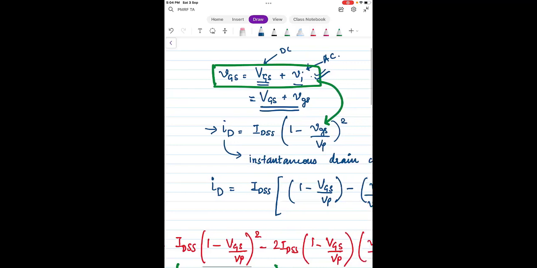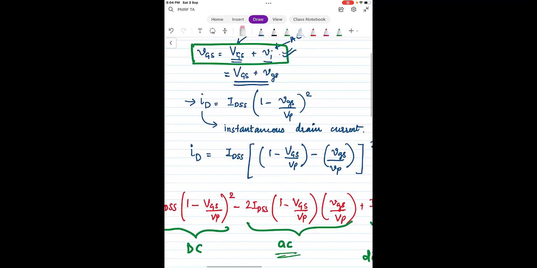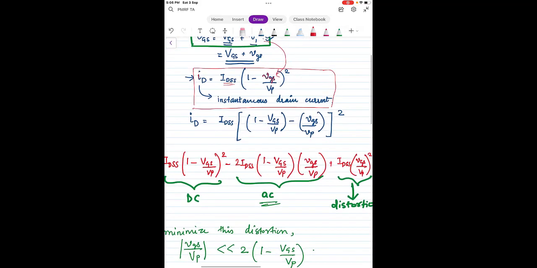So now after this, what we know is that the instantaneous drain current is given by this equation, right? Because I am saying instantaneous, this is small id and it depends on small vGS. And IDSS will not change, it is the drain current at 0 voltage, so this will not change. Now here I am just going to put the value of small vGS that we saw earlier, and therefore we will arrive at this equation.